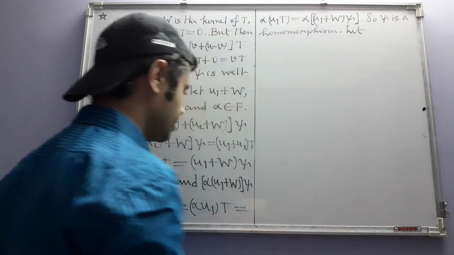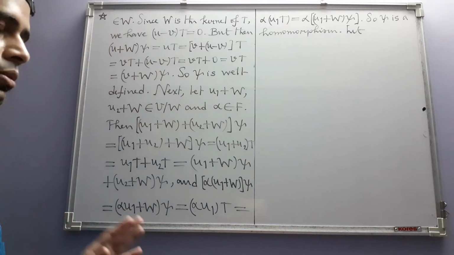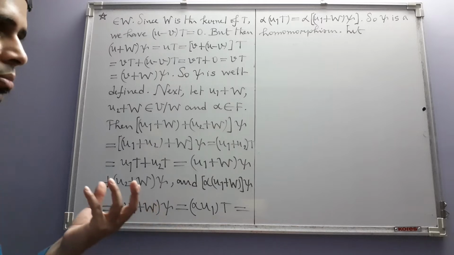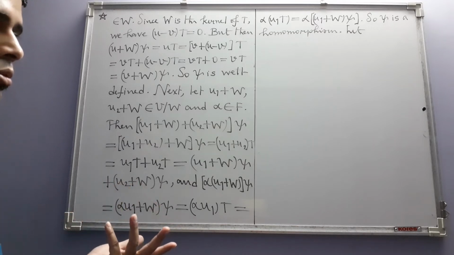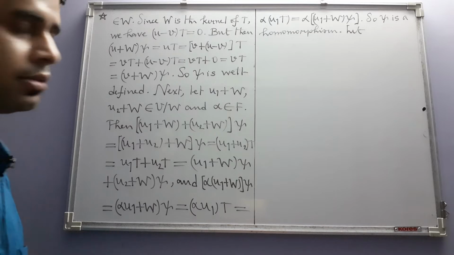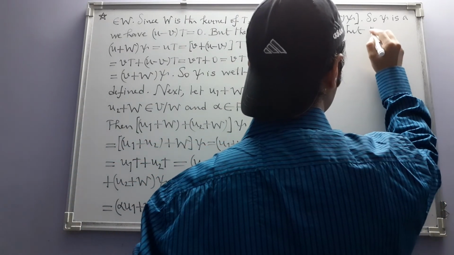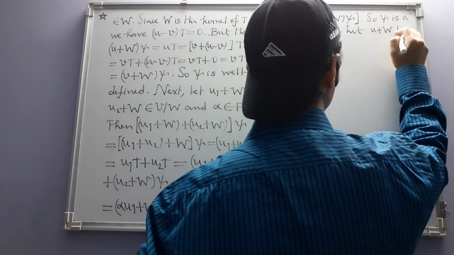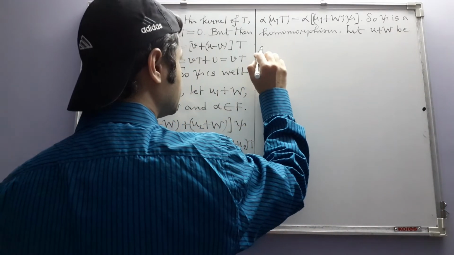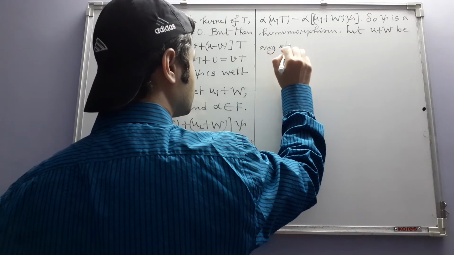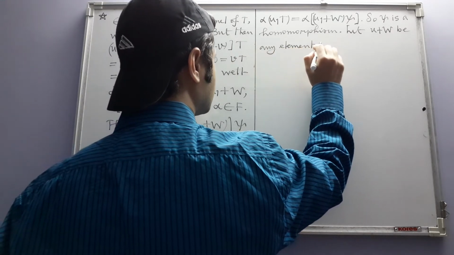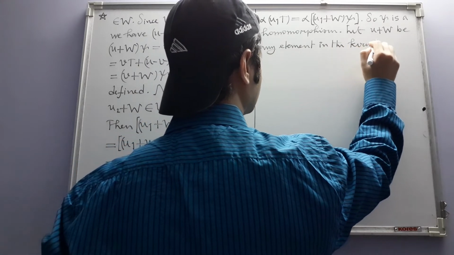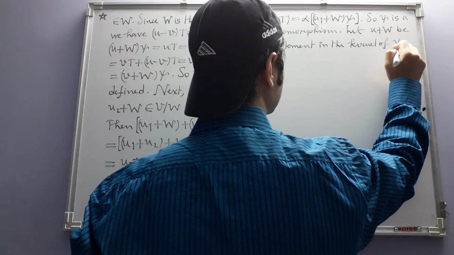What is the kernel of psi? We should not forget that psi is a homomorphism, but the domain of psi is U by W. So the kernel will contain cosets in it. So let us say u plus W be any element in the kernel of psi.